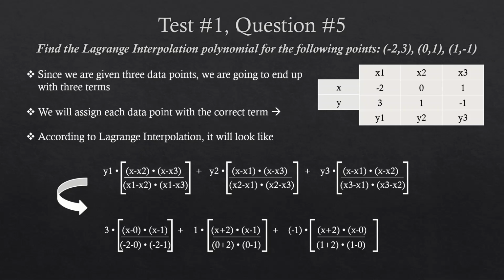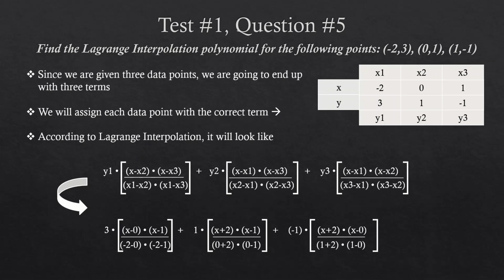One thing I want to make clear here is that x is a variable, so be sure not to confuse this x with our x1, x2, and x3. Back to the numerator, since we are only given 3 points, we're going to have x minus x2 multiplied by x minus x3.